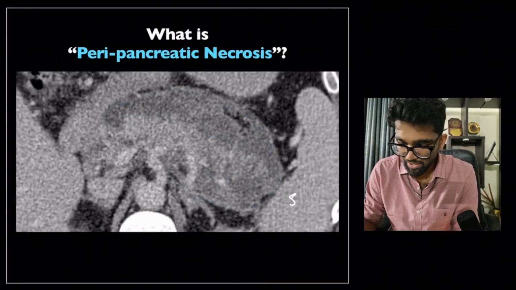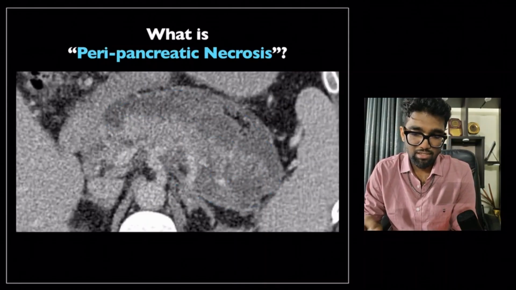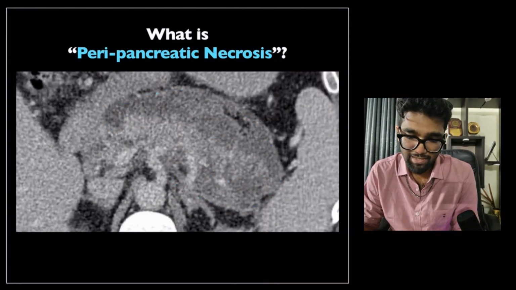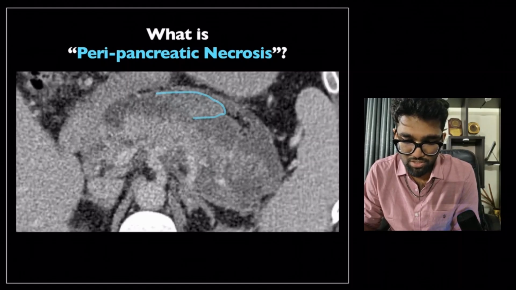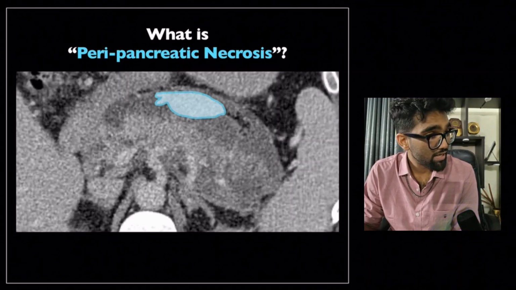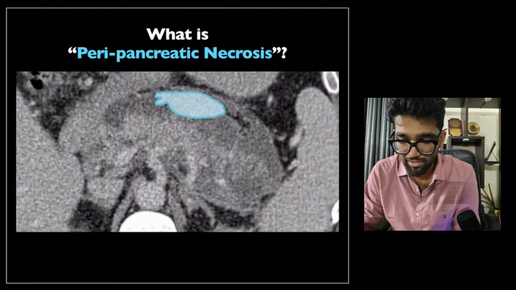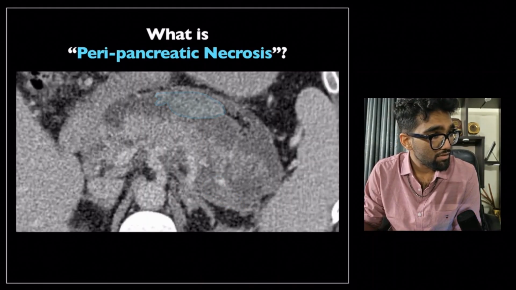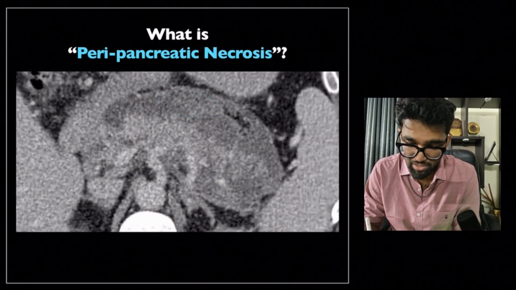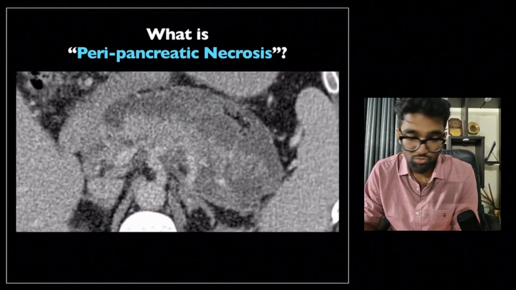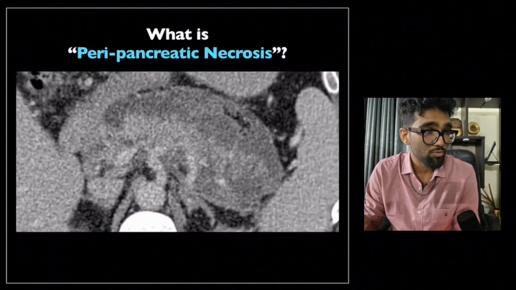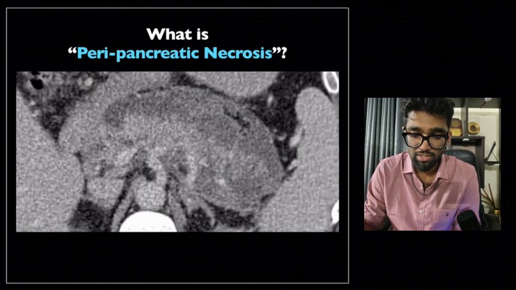In different parts of the collection, the attenuation is slightly different. The area that I've highlighted is slightly brighter than the rest of the collection, whereas the area here is also slightly brighter in part. So we would say that there is an inhomogeneous attenuation for this collection.